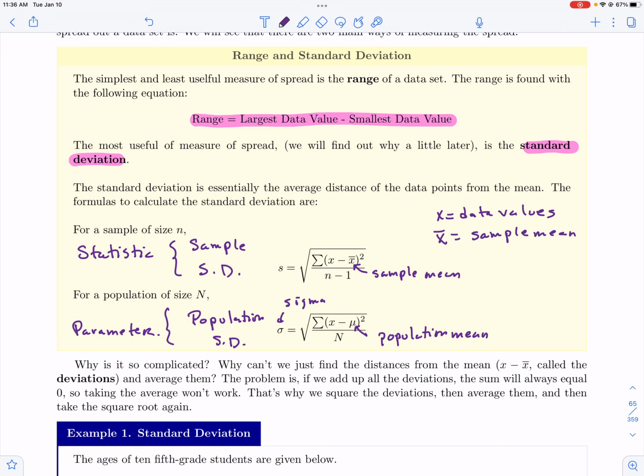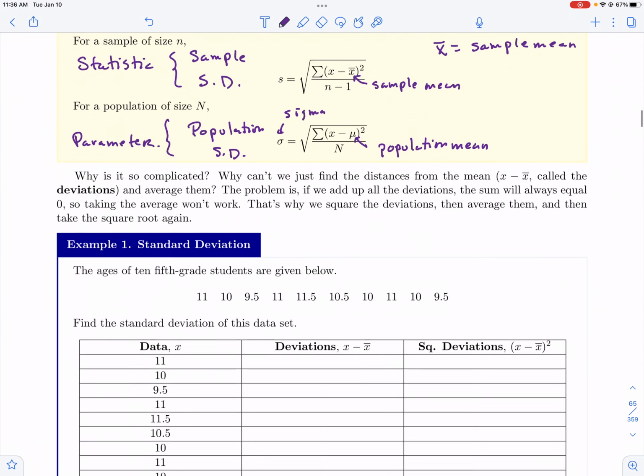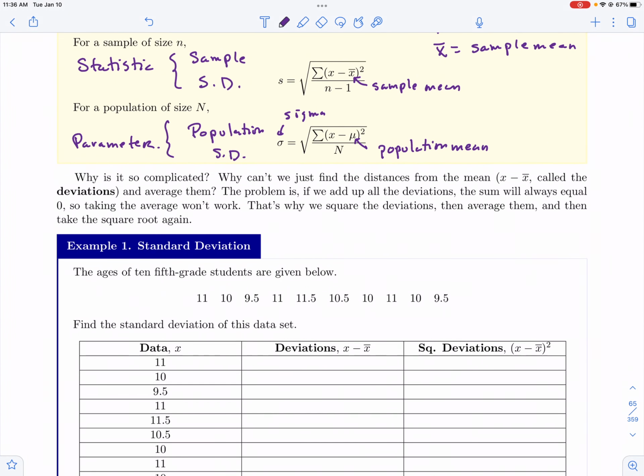And so what we're doing with this equation is taking each one of the individual data values and subtracting them from the sample mean. If you look at the example below, I'm not going to have you do this, but that's actually what we're doing in this case. This is how you would have to do this by hand. You'd have to fill out this big chart and all that kind of stuff. So I'm going to show you a little quicker way and then an even faster way after that.